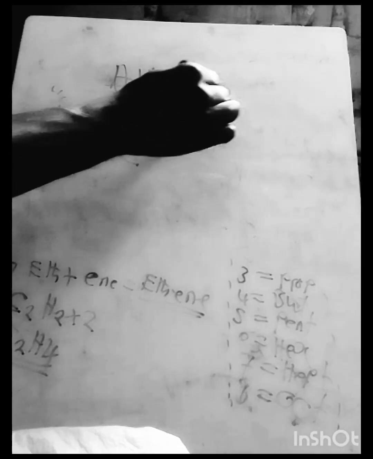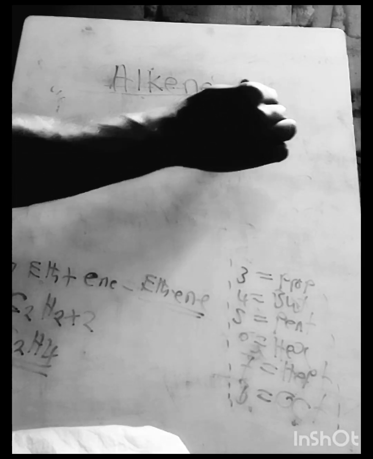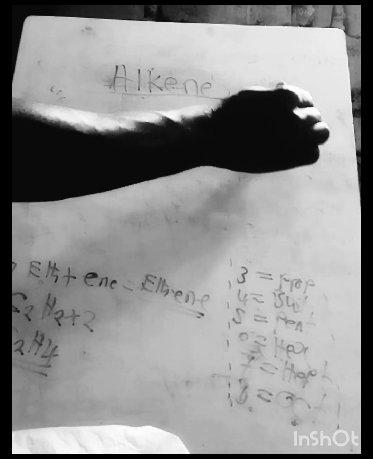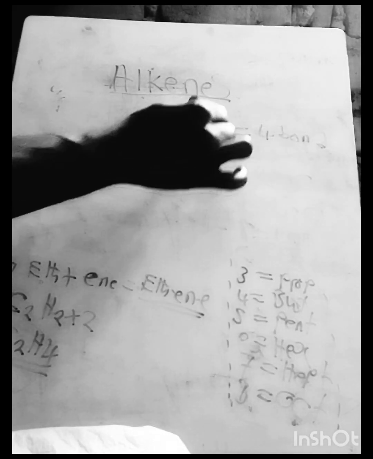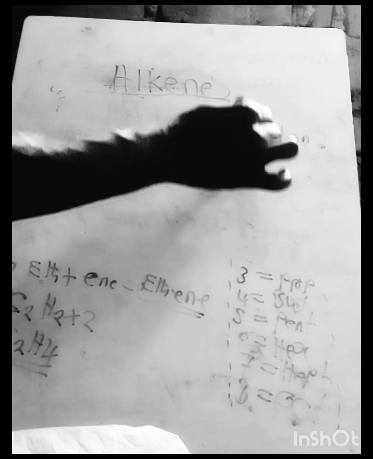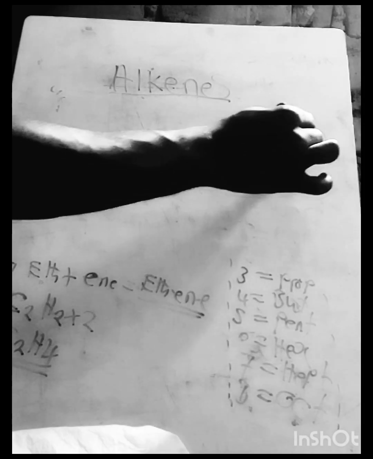And if you have 2 carbon atoms, we also have 4 hydrogens. But before you start fixing hydrogen, bear in mind that carbon is supposed to have 4 bonds. Hydrogen is supposed to have 1 bond.